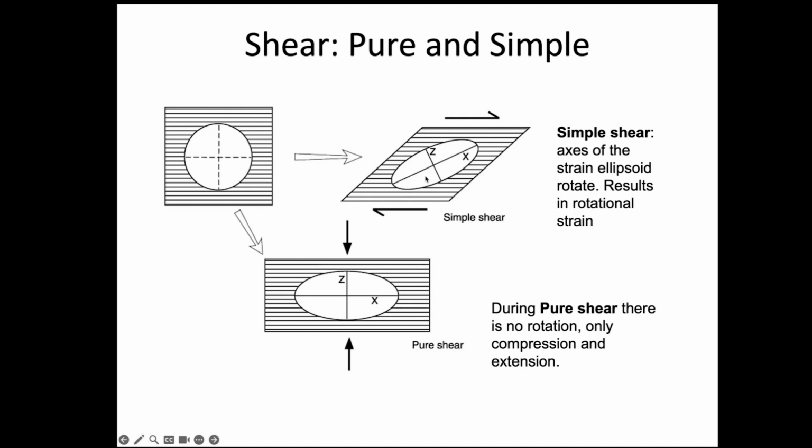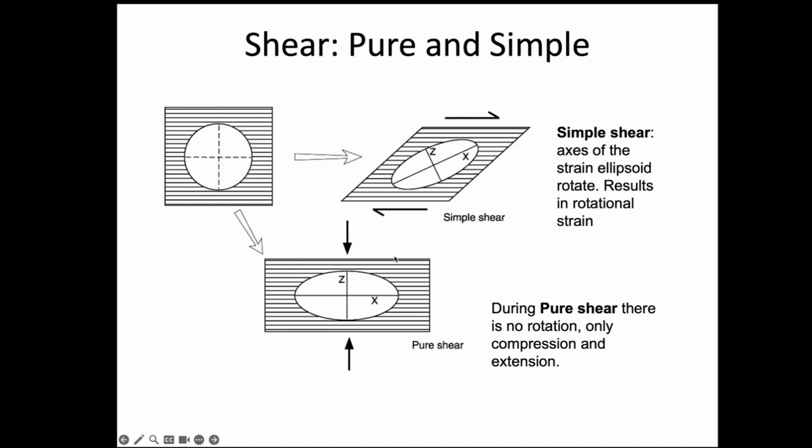In one, the original axes of the object are being rotated, and in the other they're not. There's the original axis, that's Z, that's X. Z and X are both rotated about 45 degrees by this deformation in this example. In this one, they're not. One is lengthening, the other one is shortening, but they're not rotating.